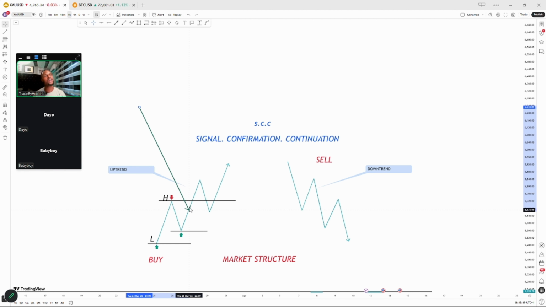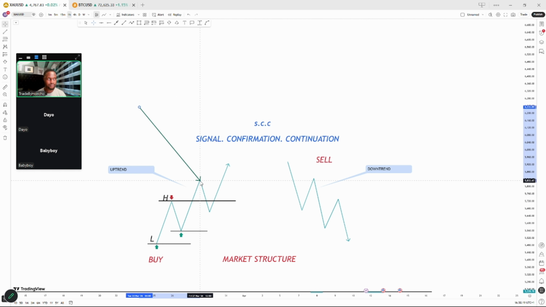So this first high right here, between this high and this low, you can see that the next thing here is these buyers trying to take over these sellers. And as soon as they take over these sellers, this new high right here is going to be your first signal.